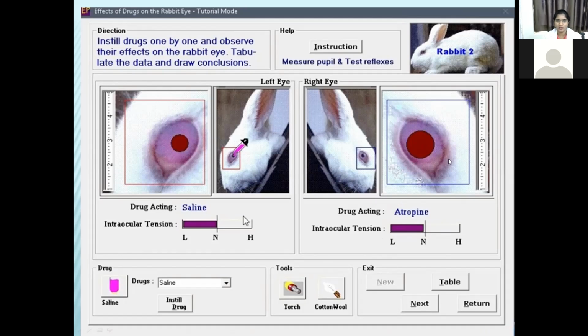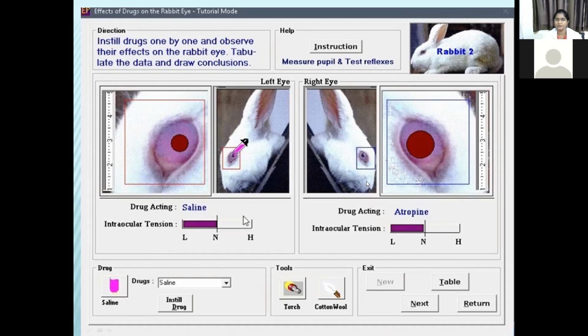So this is about CAL, computerized assisted learning: how we add drugs and check parameters, those are the pupil size, whether increased or decreased, and we have to check light reflex and corneal reflex.